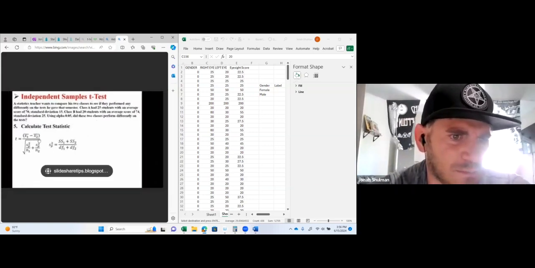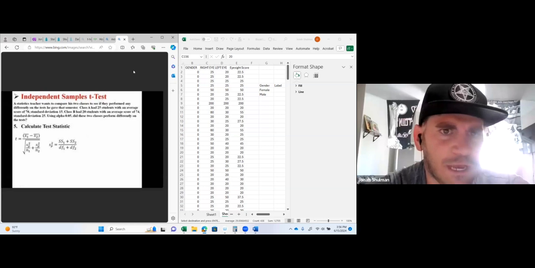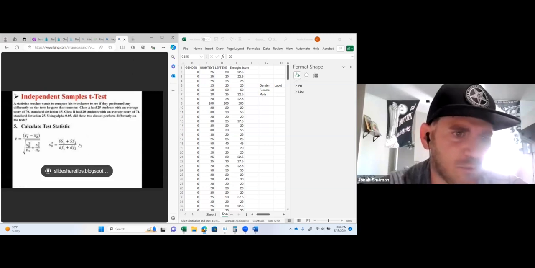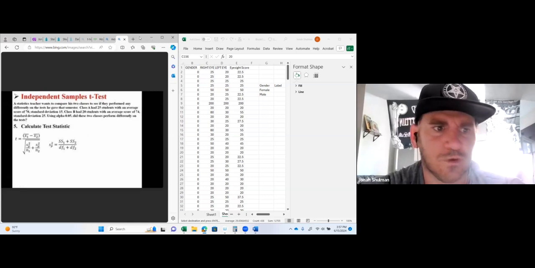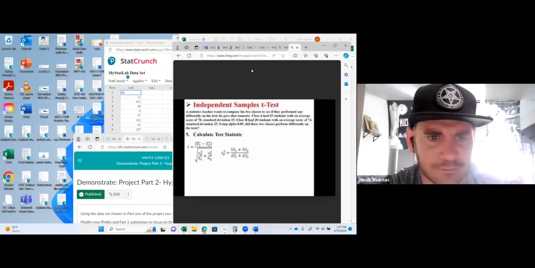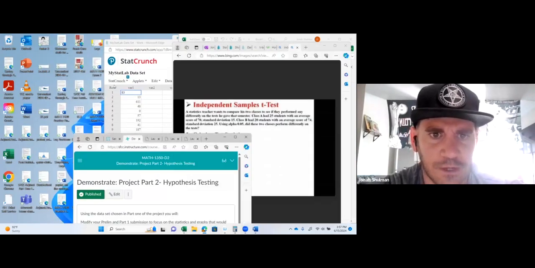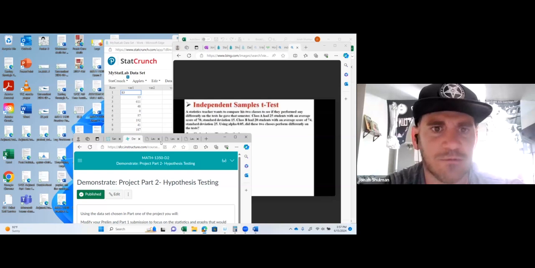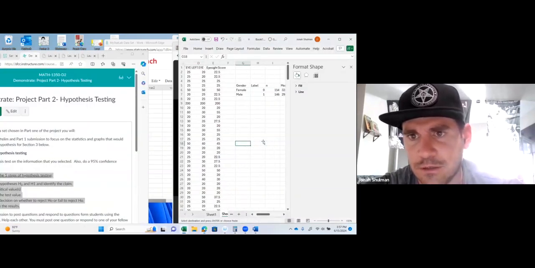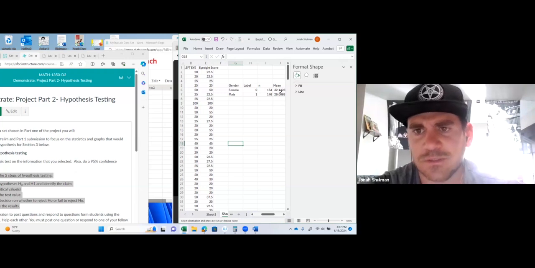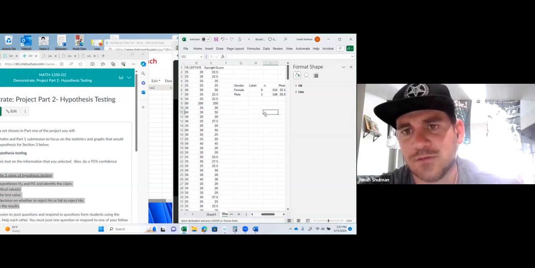Mean one minus mean two. And all we have to do, if you don't know how to get the pooled variance, we get the sum of squares. So this is the first formula we have. Right now, if we look at our Excel, the means, we want to say that girls have better eyesight than boys.